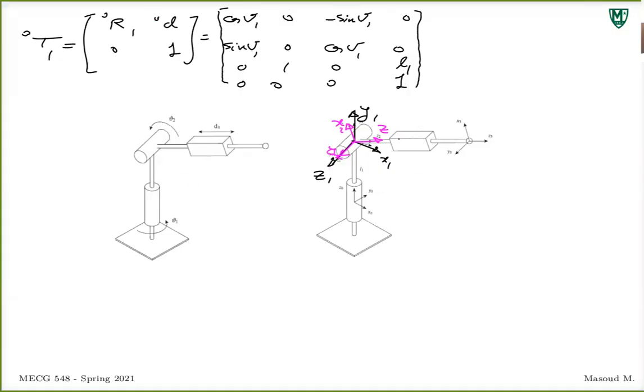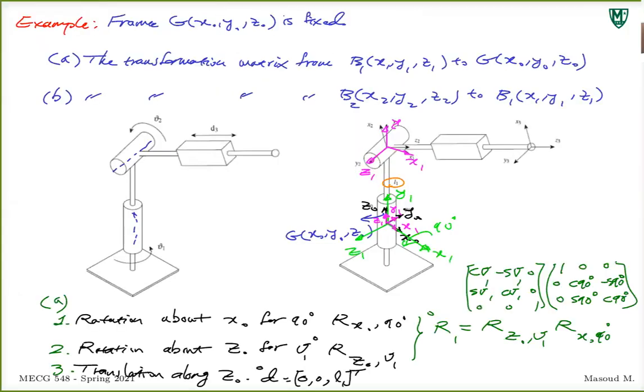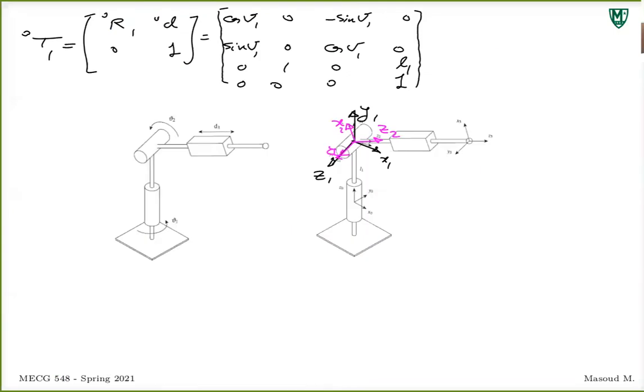This can be written here. Let me double check I didn't make any mistake. You're going from x1, y1, z1 to x2, y2, z2. All right. How do we do this one? That's a little tricky.